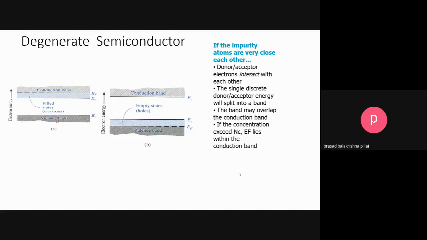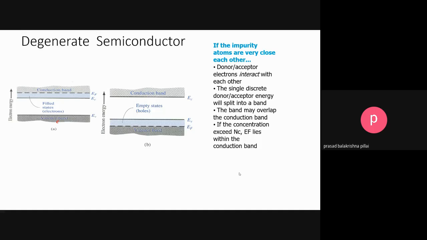But for a degenerate semiconductor, we have to use Fermi-Dirac statistics, not Maxwell-Boltzmann, because the number of carriers is also more and the numbers of carriers and states are nearly the same. We have to keep this in mind, because very often we come across situations where the semiconductor could be approaching degenerate cases, for example for making ohmic contact, and in some cases we do heavy doping. So there things can change.